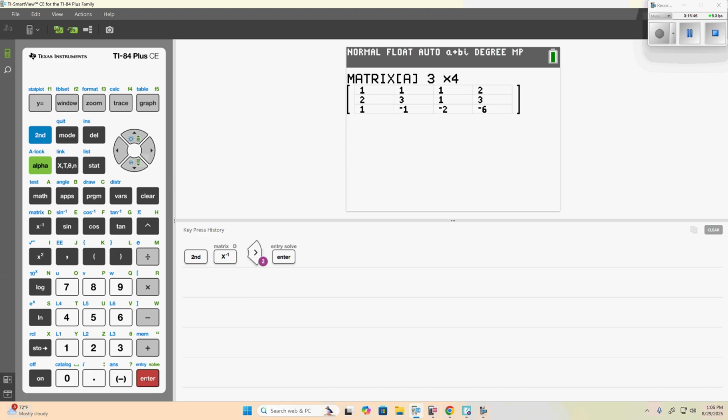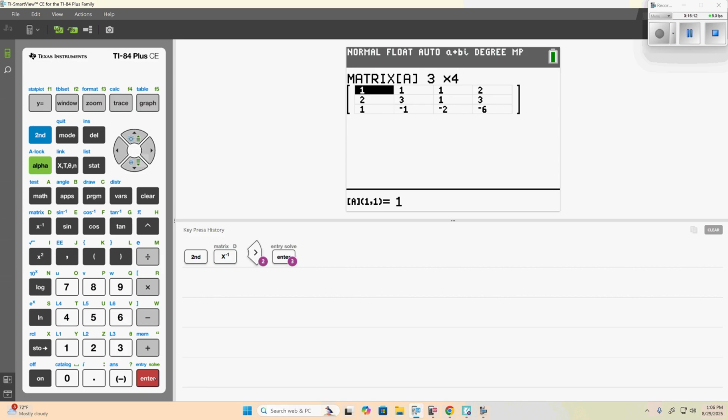Well, we said this was a 3 by 4, yes? Most likely it's been typed in, but you can hit 3 and then enter, and then 4 and then enter. Enter is very helpful with this because when you hit enter, it will move it to the next spot. Now, for the most part, the calculators that y'all have won't show the entire matrix, but we're going to put it in.